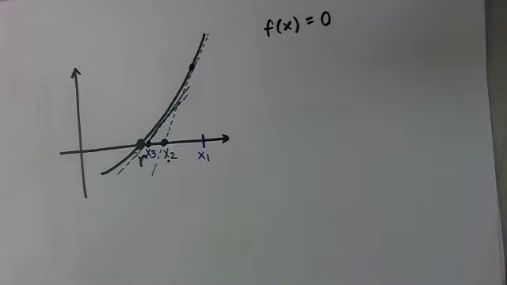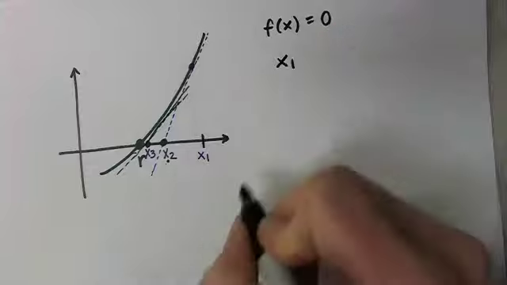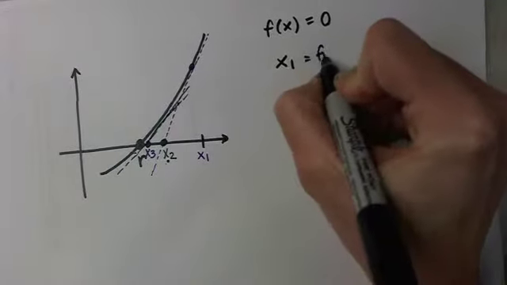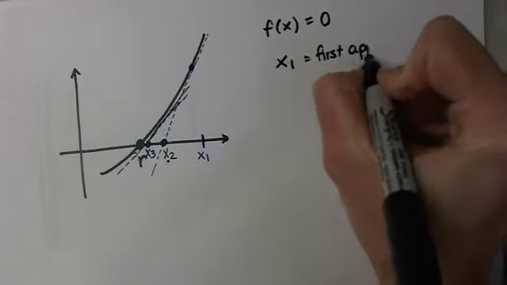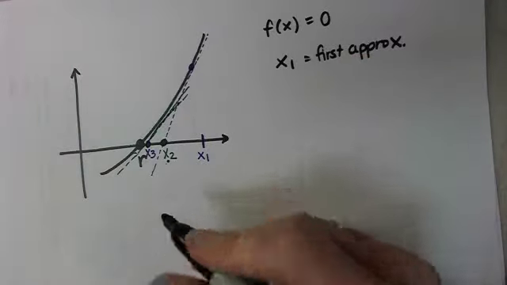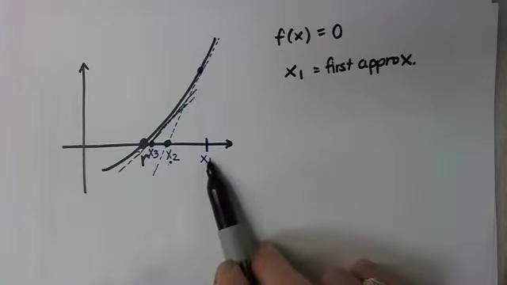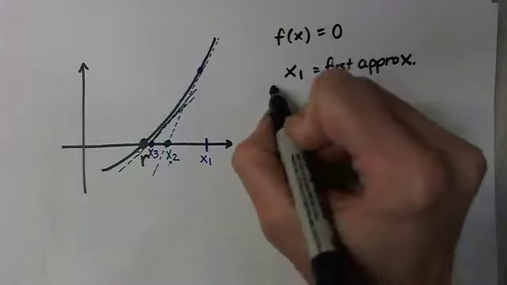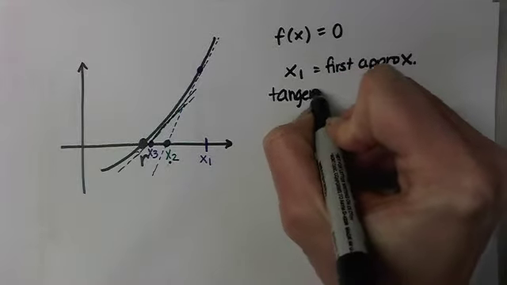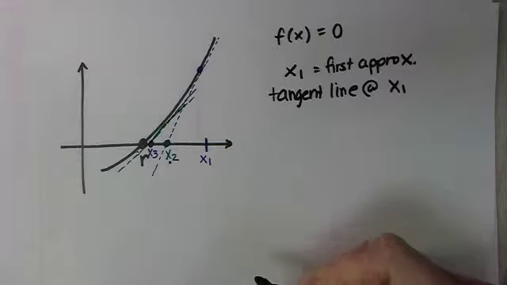So algebraically, what you're doing is you're picking a first approximation that we'll call x1, first approximate answer, and then you're finding the tangent line to the curve at that point. So find the tangent line at x1.